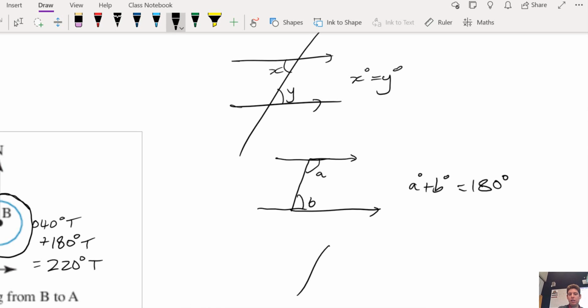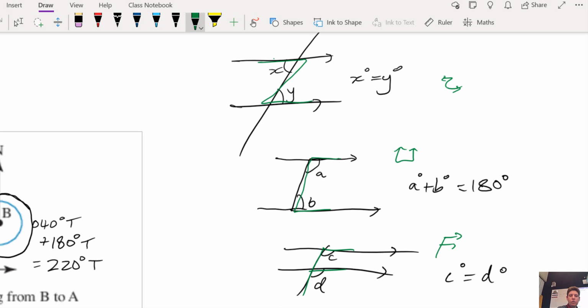You could have two parallel lines again, C and D are equal, and this is called the F rule. Another useful one, if you didn't know this already, these two angles add to what? Just in case you didn't know that.